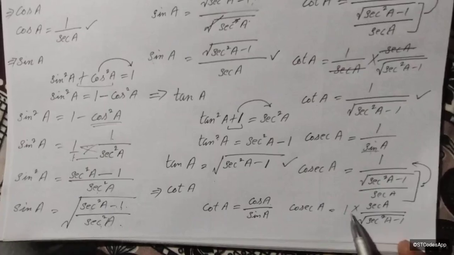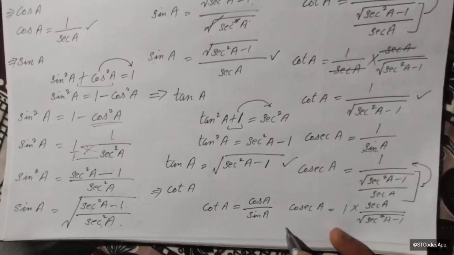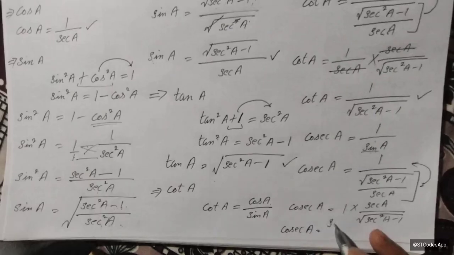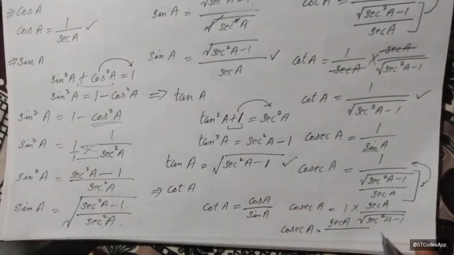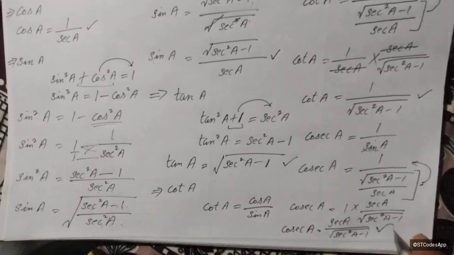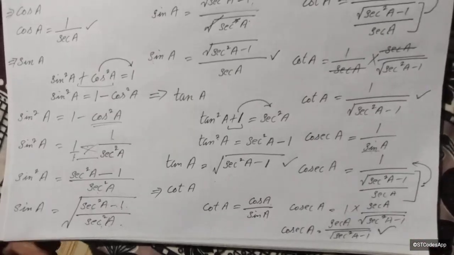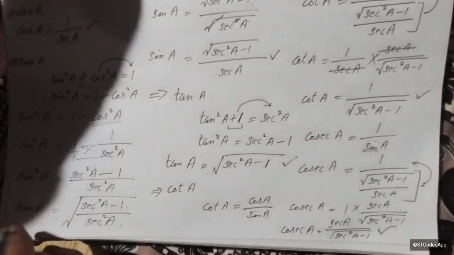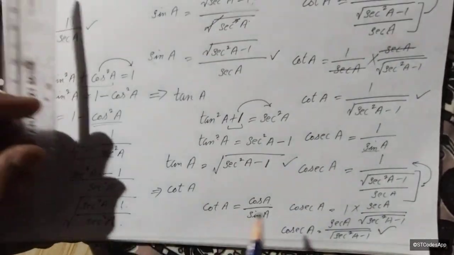When we multiply 1 with secant A, the same will come. So cosec A is equal to secant A divided by under root secant square A minus 1. So this is the final answer. I hope you have understood this.